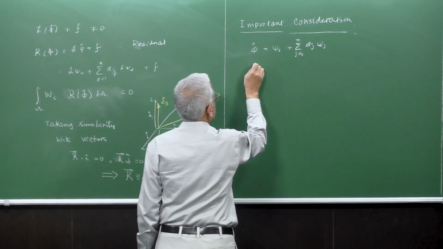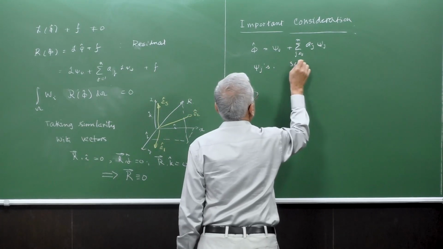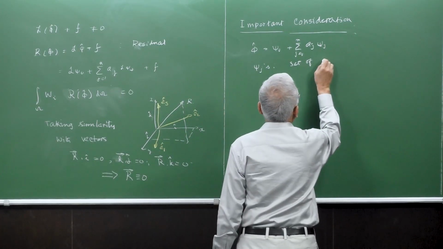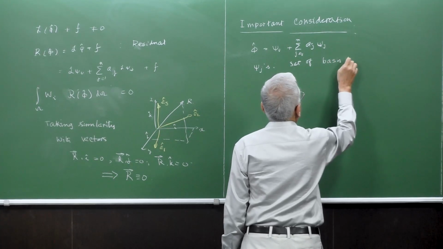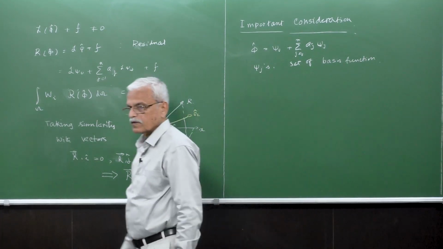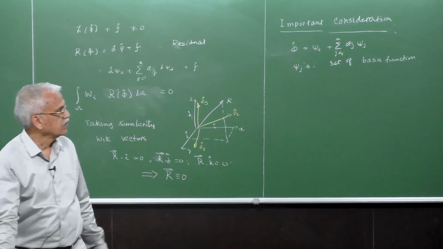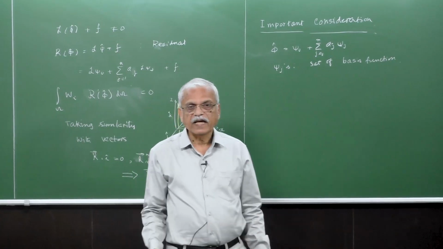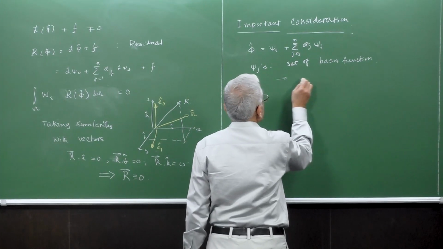So this set of psi j functions are called basis functions. That means that a linear combination of these functions psi j is going to represent any function in the space, which means that it's a complete set.